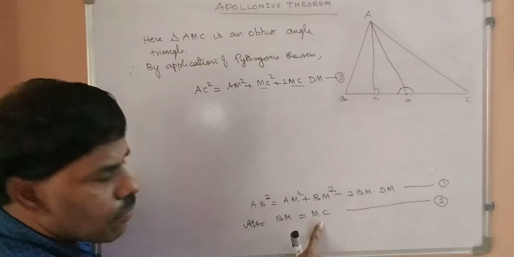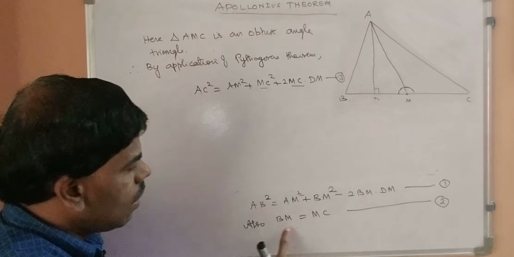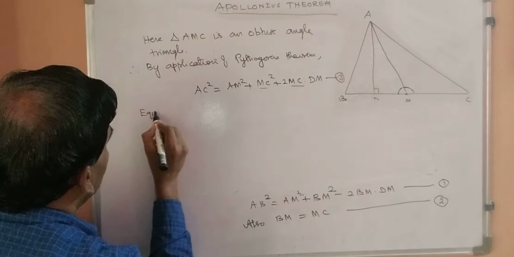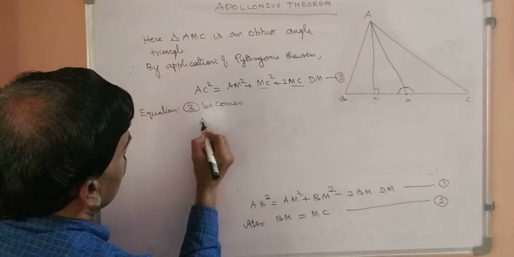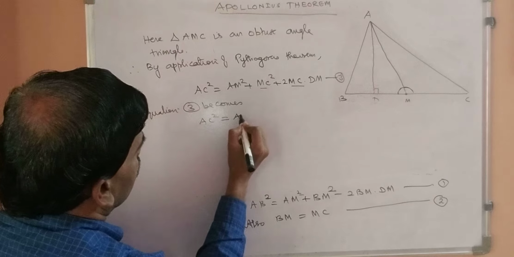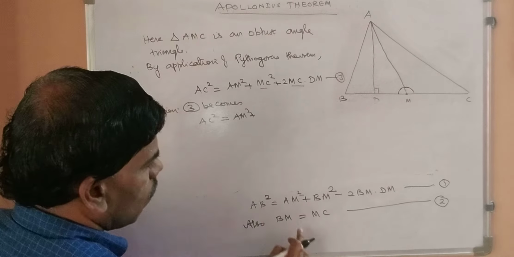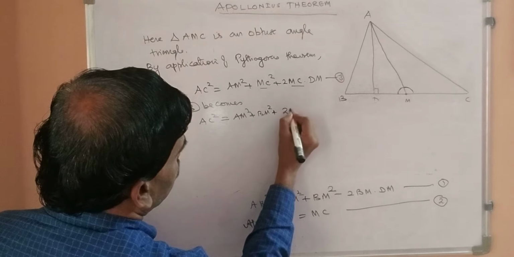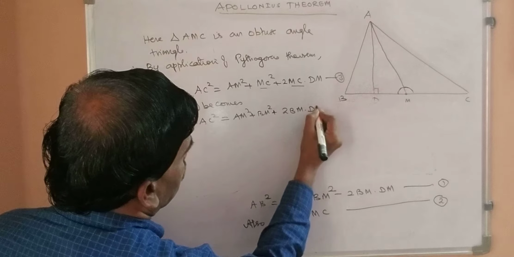But what happened to MC? You can write BM. So equation 3 becomes AC square equal to AM square plus, what is MC? BM. BM square plus 2BM into DM.